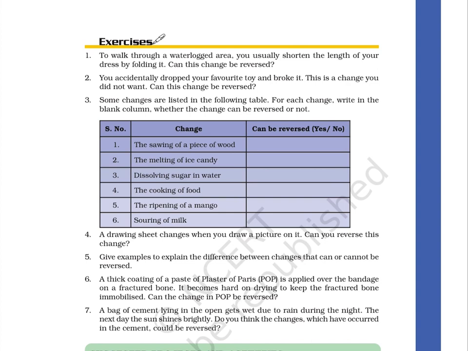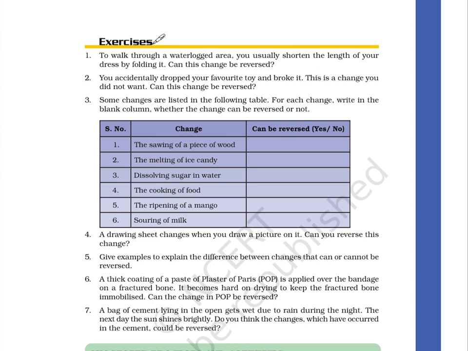Yes or no? 4. The cooking of food. Yes or no? 5. The ripening of a mango. Yes or no? 6. Souring of milk. Yes or no? 4. A drawing sheet changes when you draw a picture on it. Can you reverse this change?